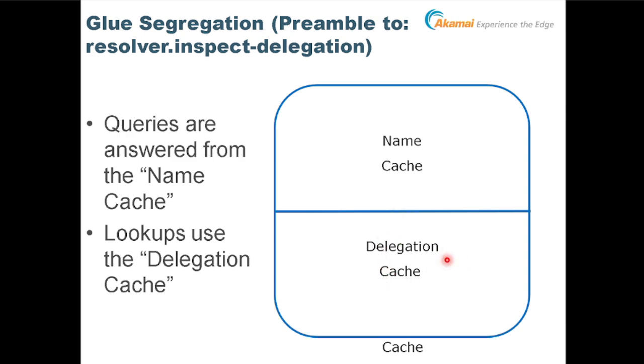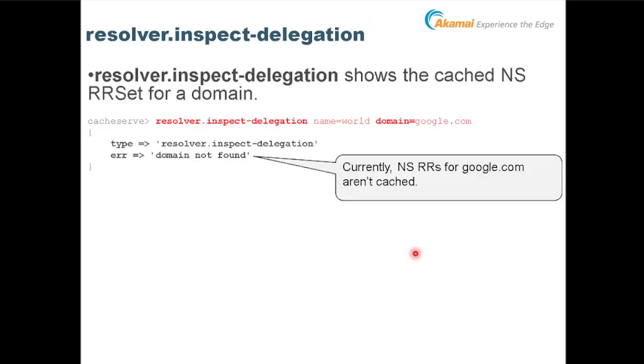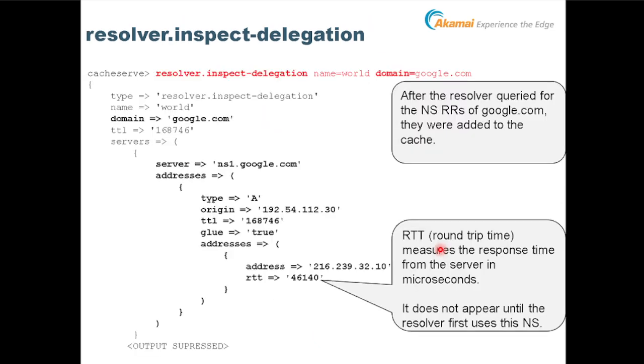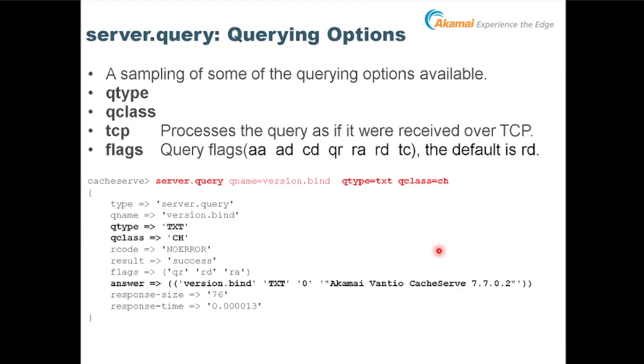So maybe you understood that remark, maybe you didn't. But tomorrow, when we talk about a stub as part of a resolver's configuration, I'll mention this again: a stub is like a preload, a permanent entry in the delegation cache. So it doesn't get overwritten by the actual glue, but rather it's considered to be an administratively set permanent entry.